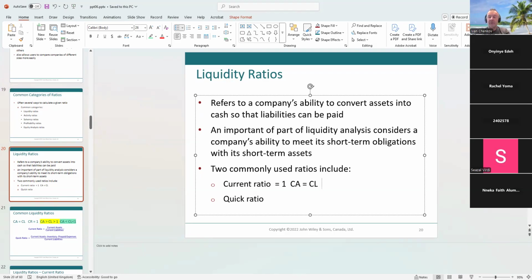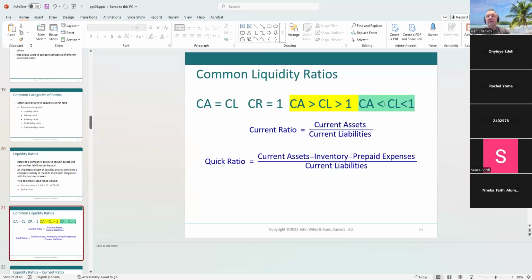If you want the ratio to be more than 1, then you have to increase the current assets, which have to be more than the current liability. And if you want it less than 1, that means current assets are not enough to cover the current liability, and the current ratio will be less than 1.